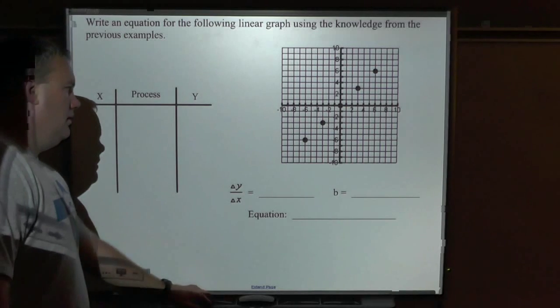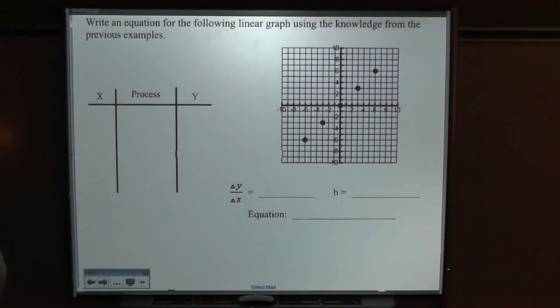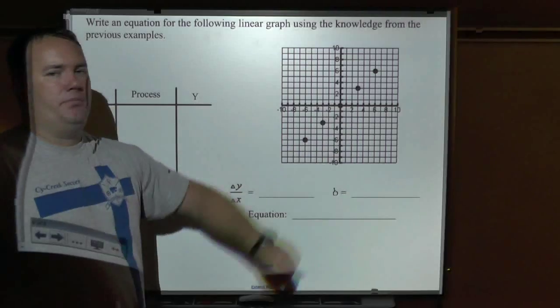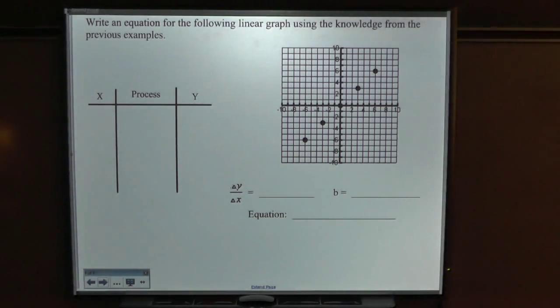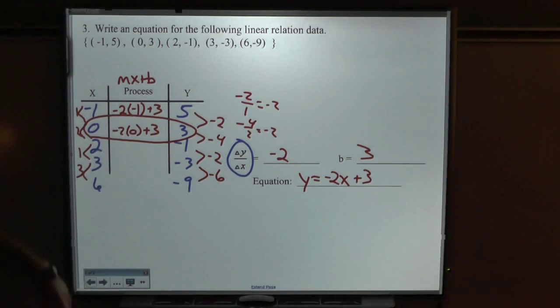Alright. For some reason this messes a lot of people up. And I don't want this to mess you up. But when you look at this, it says, write the equation of the linear graph shown, okay, from what we've done previously. Well, you've got a set of points on a graph. You have a set of ordered pairs, just like this one.